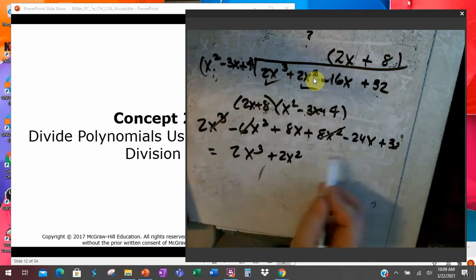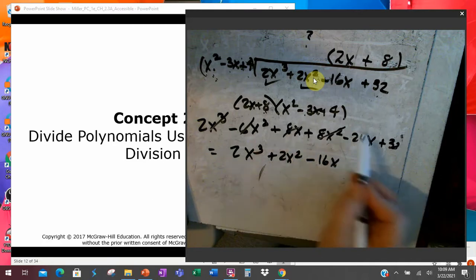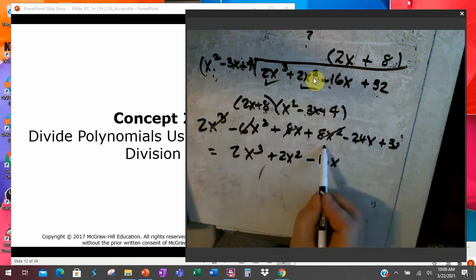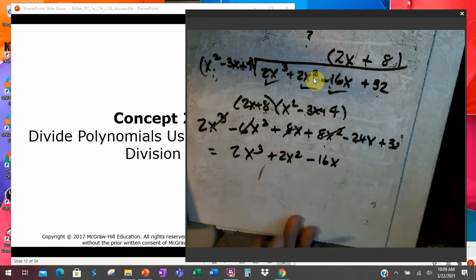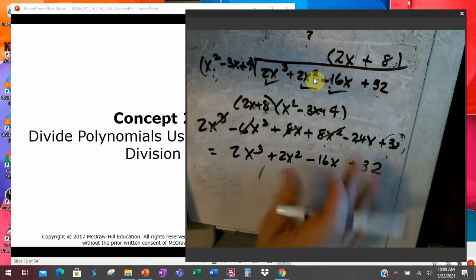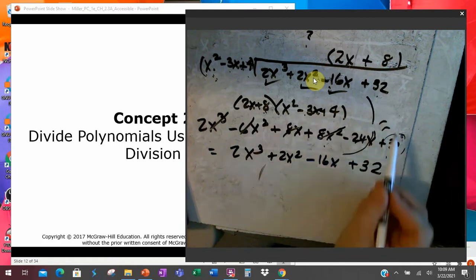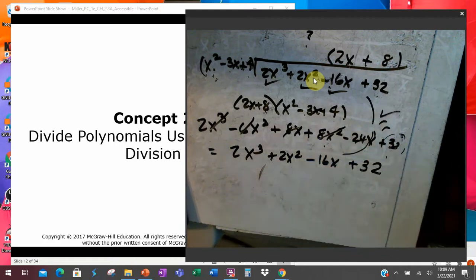And that 8x minus 24x, that's the minus 16x. Okay, so that piece is right. And then that's my only constant, and that's the 32. And this should be equal. And they are. So that's how we would check at the very end to make sure.